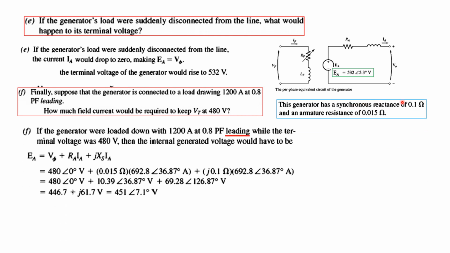We know the generator reactance and resistance. We follow exactly the same formula, except that now the angle would be positive leading, not negative. In the previous case this angle was negative. And solving, the generated voltage is 451. So this much voltage would be required to keep the terminal voltage 480 volt.